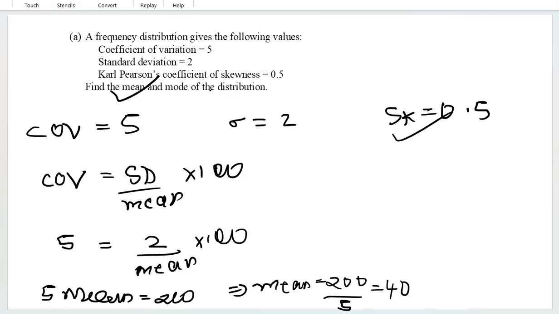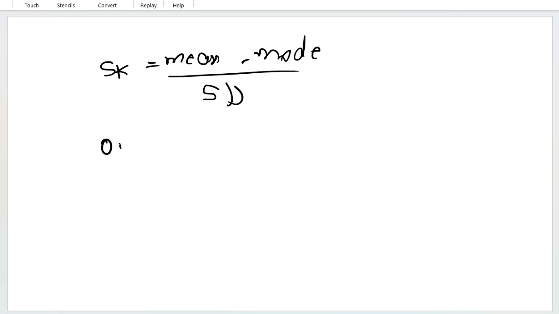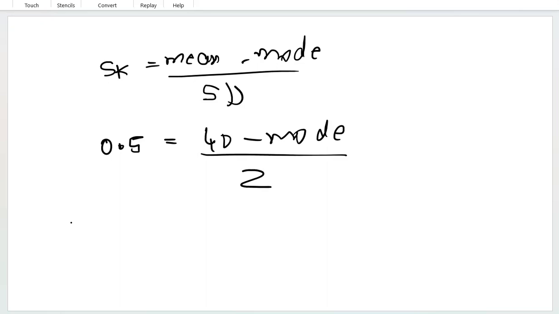But since we are finding mode, we will use SK as mean minus mode upon SD. Now SK's value is 0.5, mean we found as 40, mode is something we should find, SD is 2. So therefore we get 0.5 into 2 is equal to 40 minus mode.